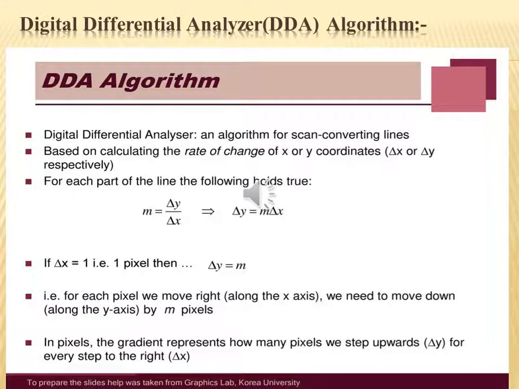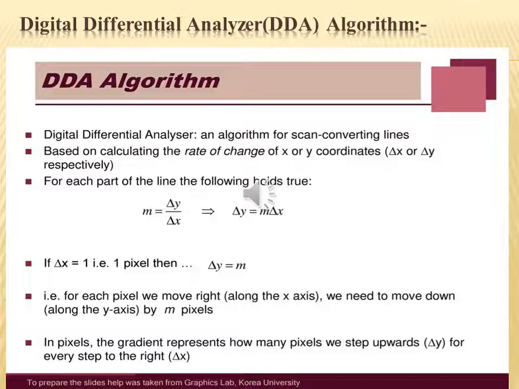The DDA algorithm is called the digital differential analyzer algorithm. The digital differential analyzer is an algorithm for scan converting lines. It is based on calculating the rate of change of x or y coordinates, that is delta x or delta y respectively.